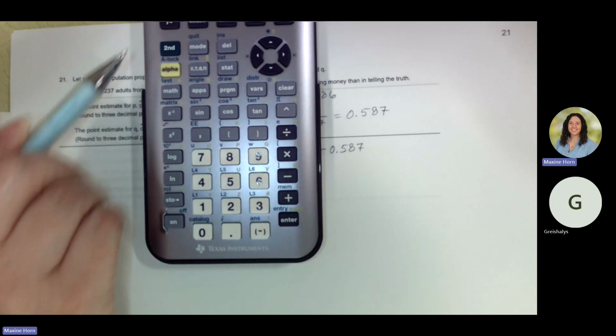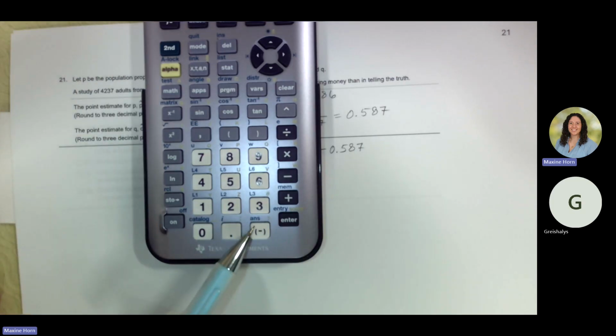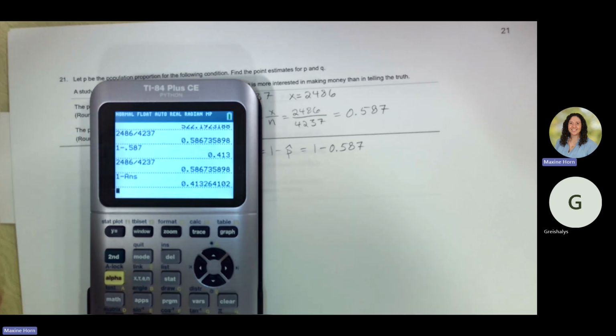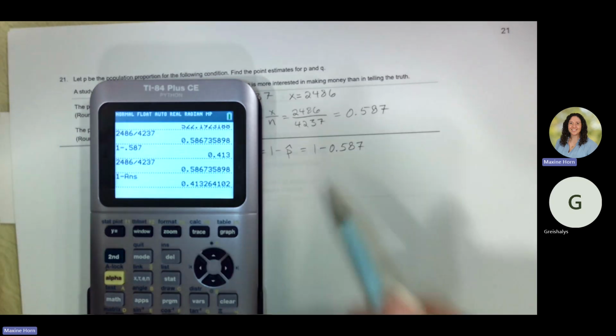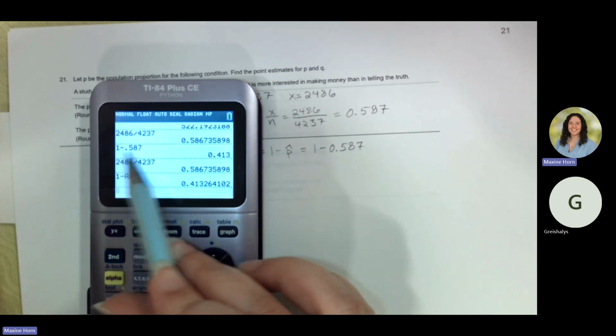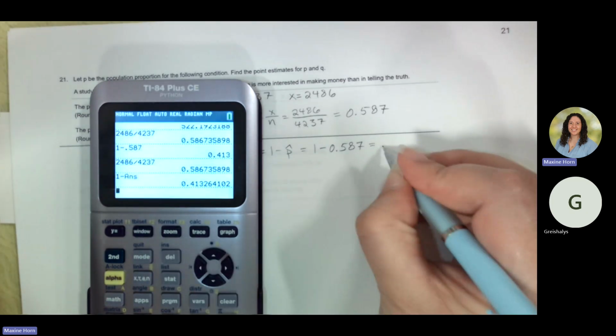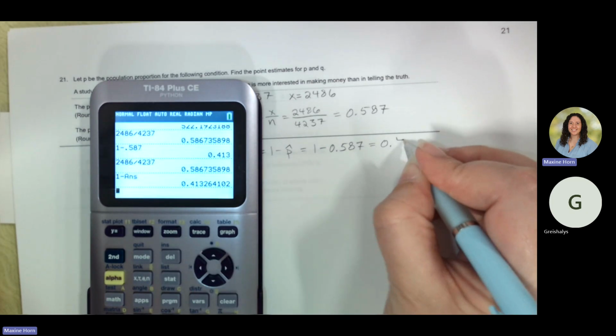Down at the bottom of the calculator is the answer button, so you can press second and then that button, and it takes the answer that I had and subtracts it from 1. But I didn't want to have to take that and round again, so I just plugged in 1 minus 0.587, and I'm getting 0.413.